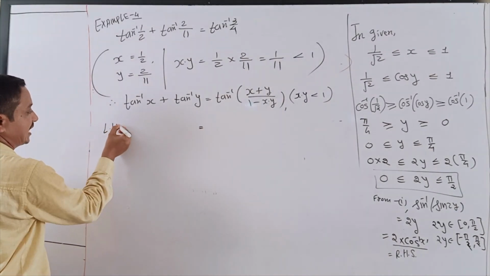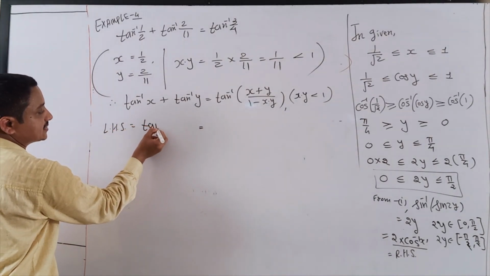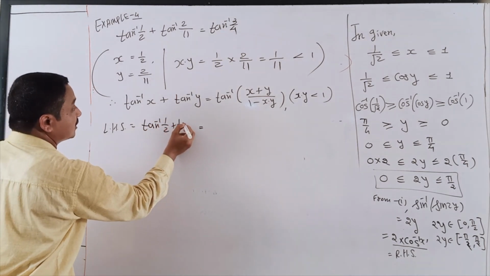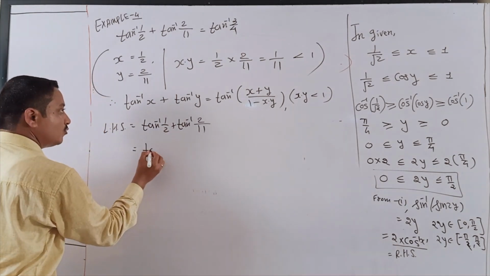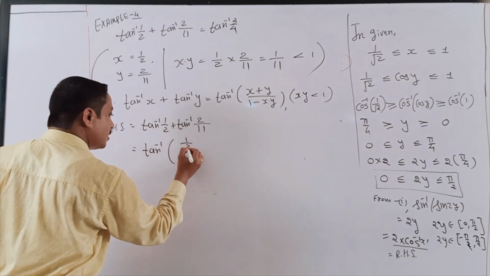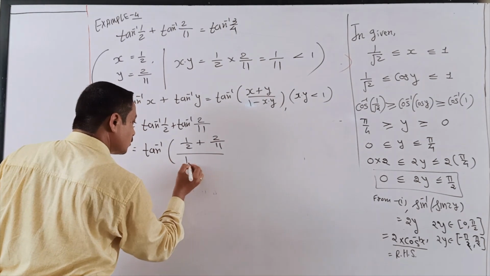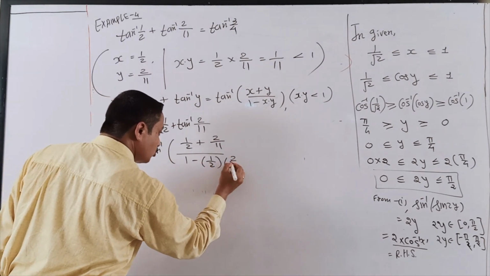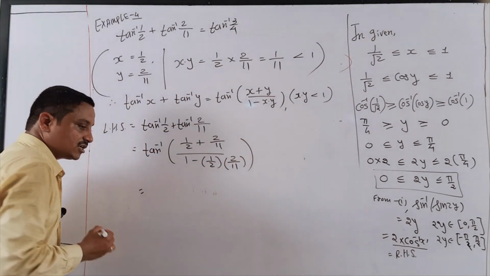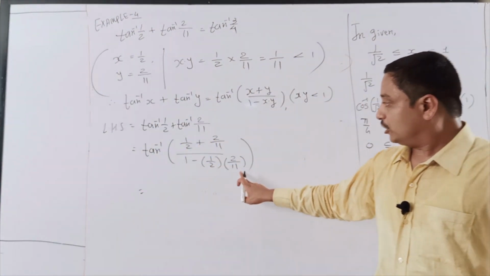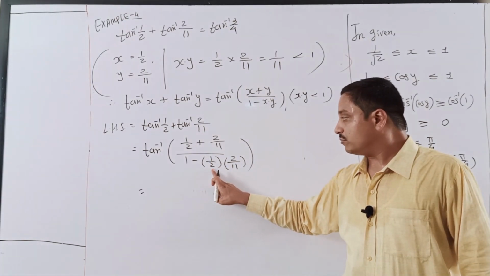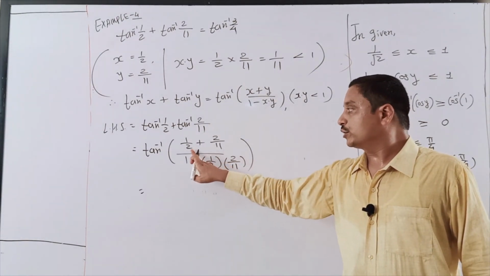So LHS starts. What is your LHS? Tan inverse half plus tan inverse 2 by 11. So the formula is half plus 2 by 11 over 1 minus half into 2 by 11. Students, generally here you take the LCM, not cutting the values. Taking LCM, 2 into 11 is 22, and here also 22.